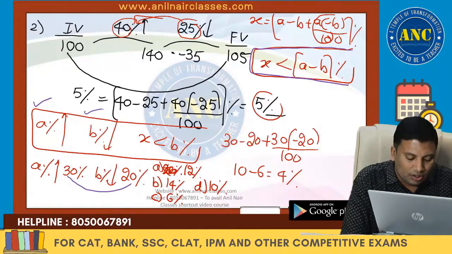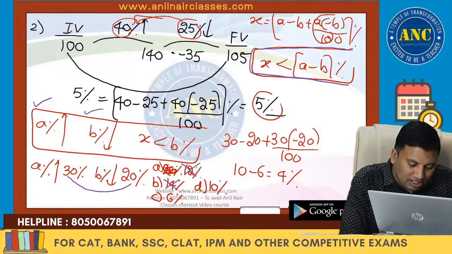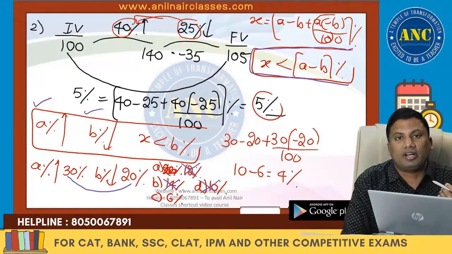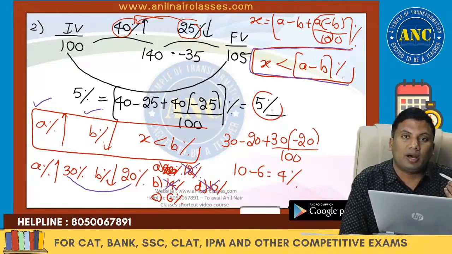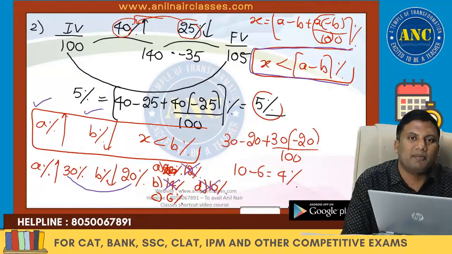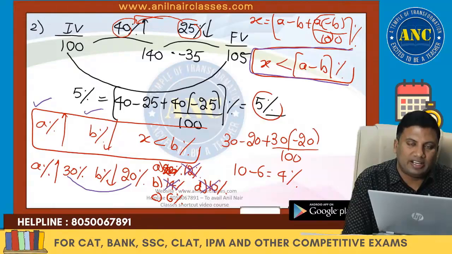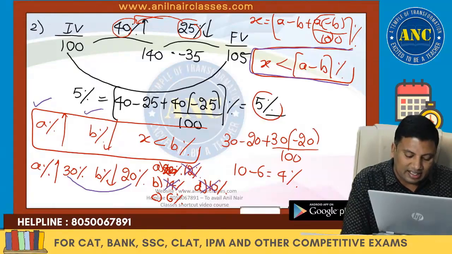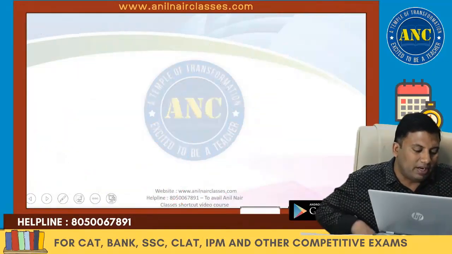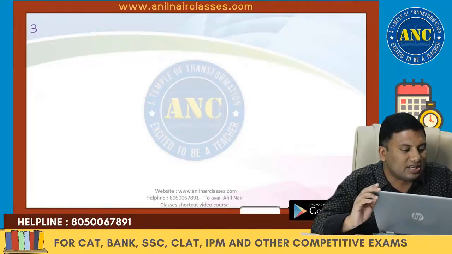The answer should be less than 10. These three options are eliminated. This is extremely important when you are solving a lot of problems in DI also. Write down each and every key point in whatever way I am discussing, sir.